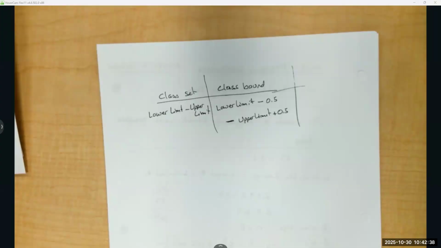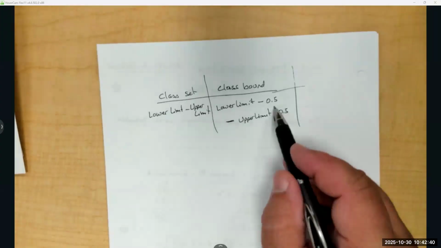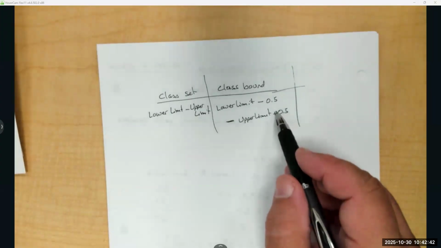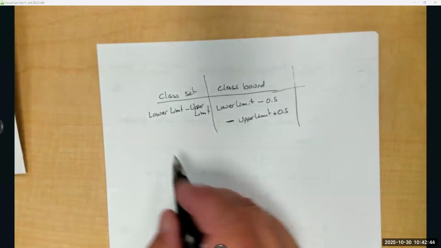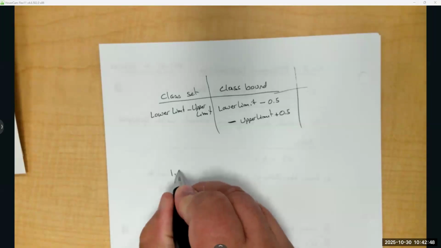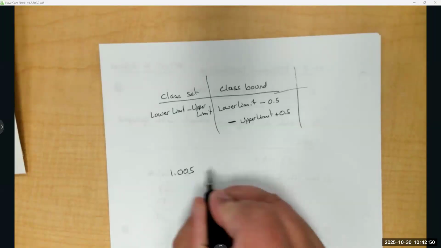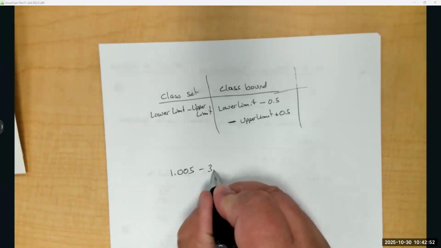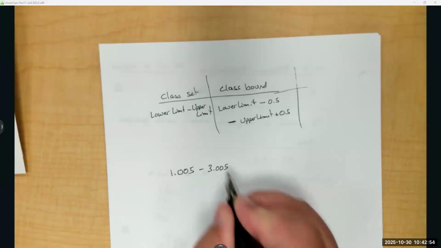But is it always going to be 0.5? In other words, what if my bounds were these? 1.005 to 3.005.